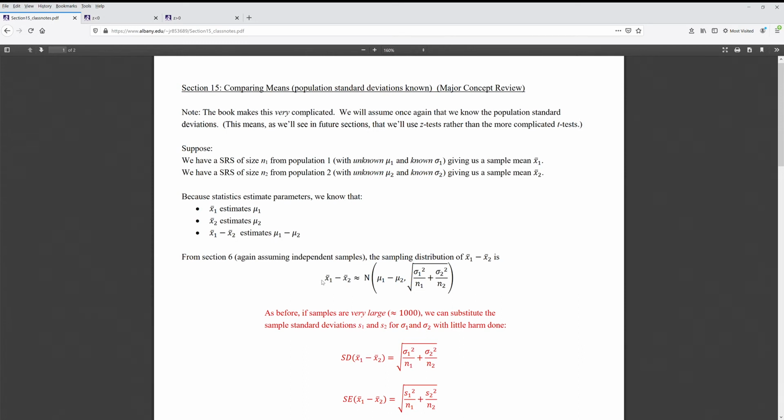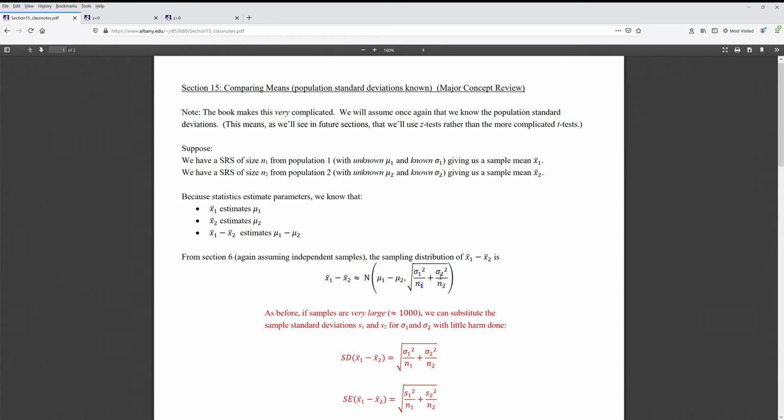So we know that if we subtract two variables, we subtract their means. And from Section 6, we know that if we subtract two variables, the standard deviations, we square them, add them, take the square root. So there's a little bit of algebra there. But if we take sigma 1 over the square root of n1 and square it, we get sigma 1 squared over n1.